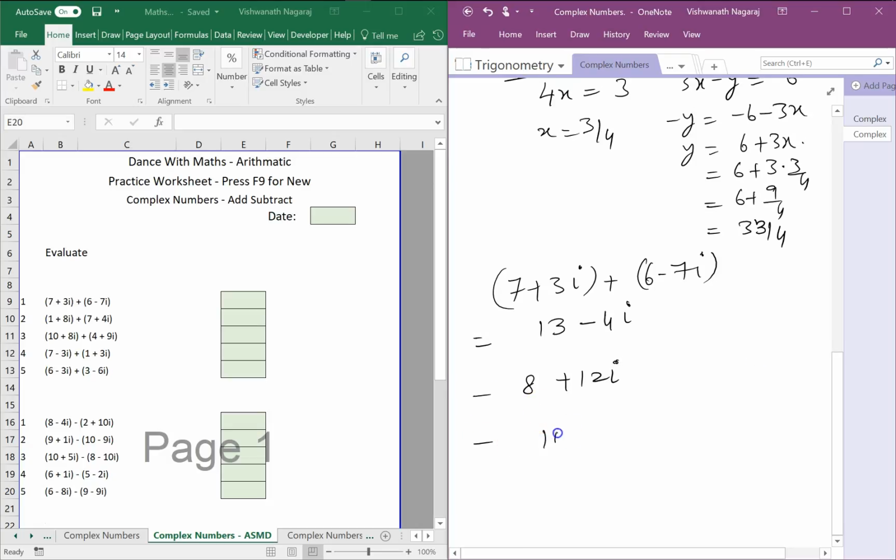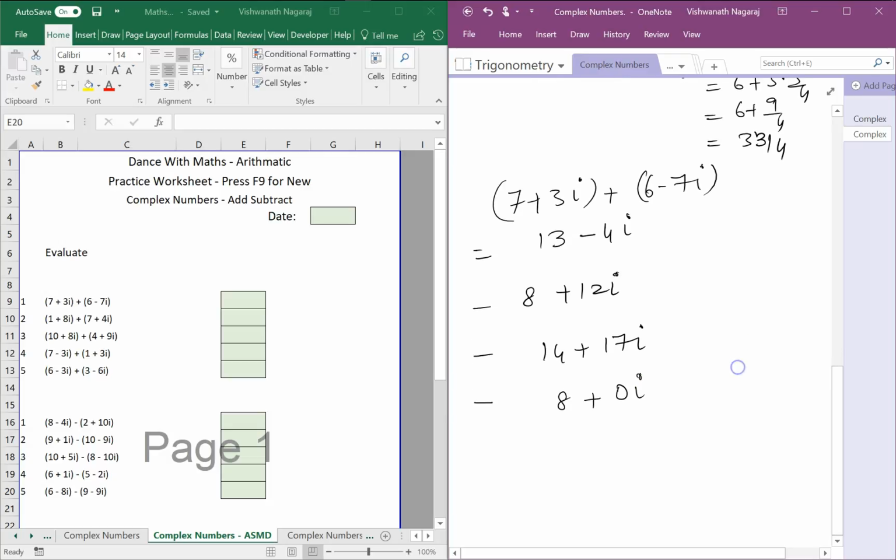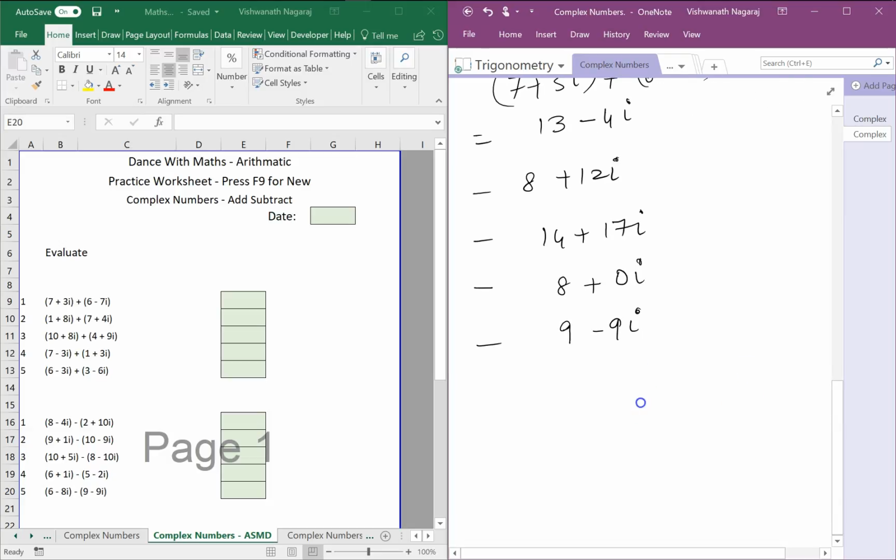Then 14 plus 17i. Then 8. Now if you have been asked to write it in a plus ib form, then you have to write 8 plus 0i. Then the next one would be 9 minus 9i. Straightforward.